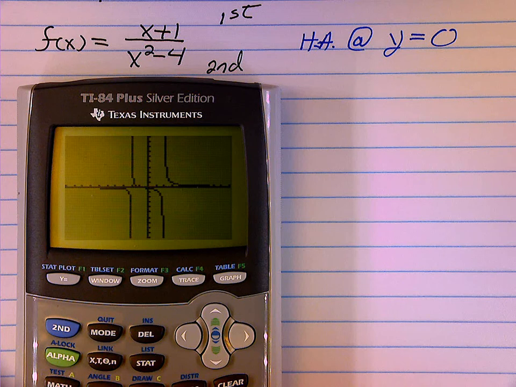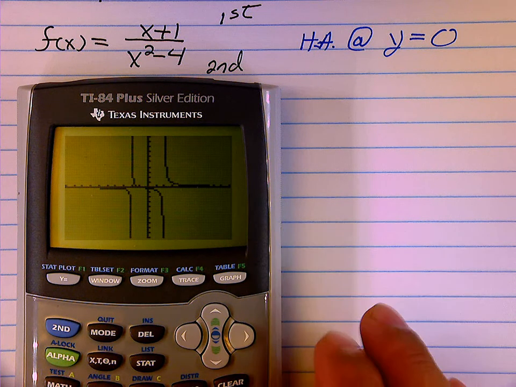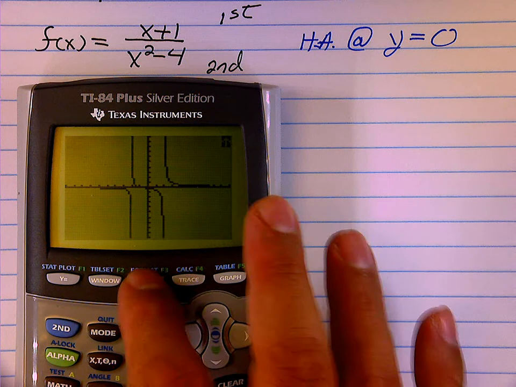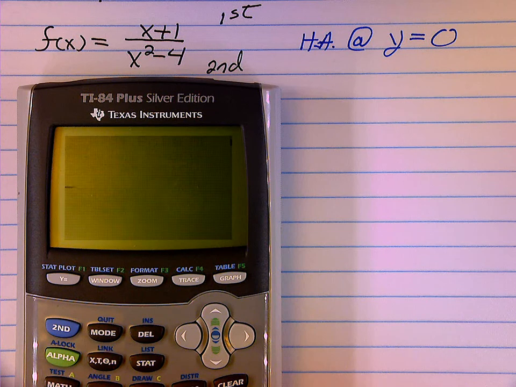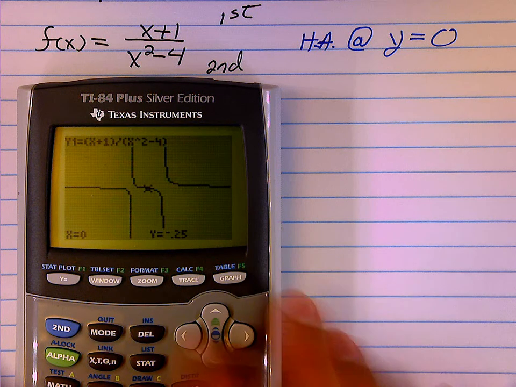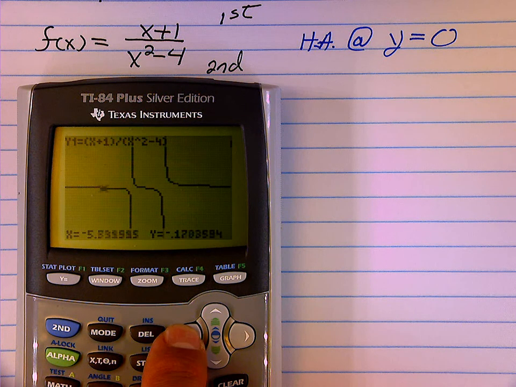What I'd like to do is go ahead and turn off the axes so I'm not looking at everything all at one time. I'll do that by going to the Format button and turning my axis off. Now if you look at the graph, and I'll hit the Trace button, I'm going to get over at around -5 on the graph. Notice the y value as I go to the left, it's getting closer and closer to 0.